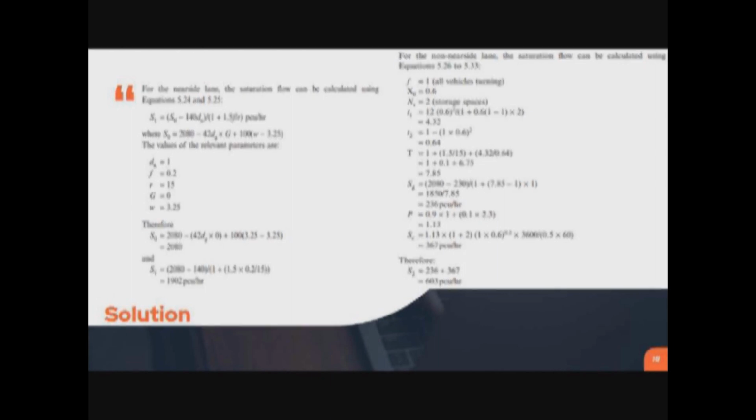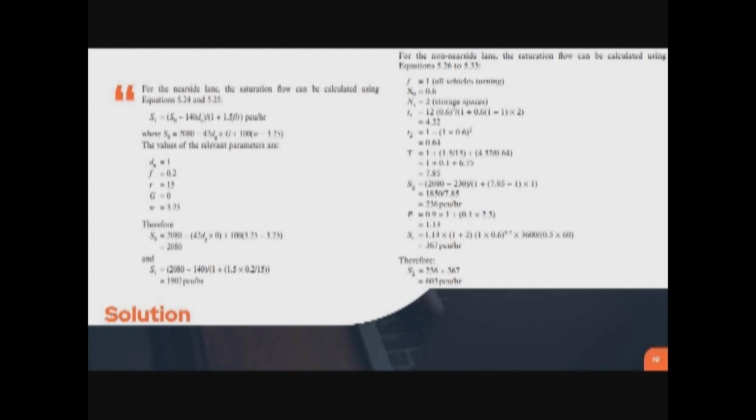So for the non-near side lane, the saturation flow can be calculated using equations 5.26 to 5.33. So we have f, which is 1 since all vehicles are turning. Then x sub 0 is equal to 0.6. N sub s is equal to 2 since there are 2 existing storage spaces.